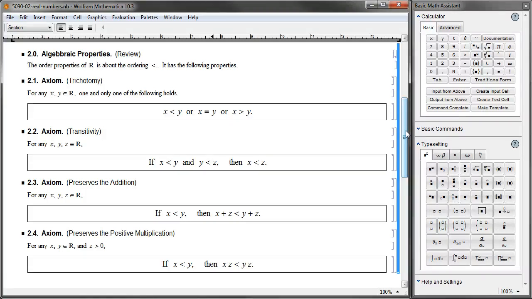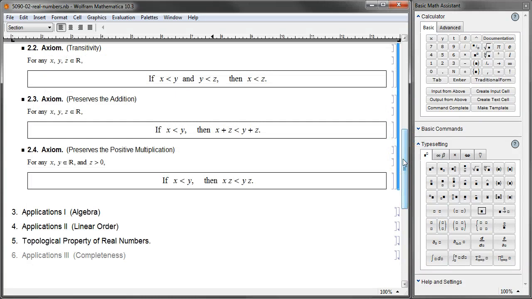The topological property says if you do that, we just fill up the entire line. There's no gap. And we have the concept of this number line, and we can draw things, we can do the measurement and things like those. We won't have time to discuss any more about topological property in week 2, so let's leave it at that.